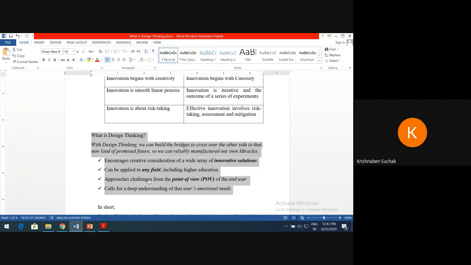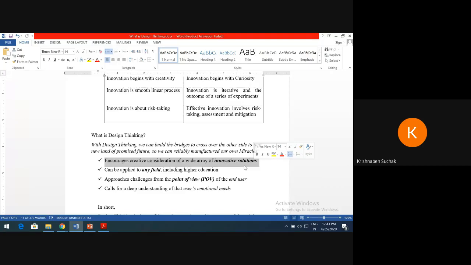It encourages creative consideration of a wide array of innovative solutions. It encourages you to consider the wide array of innovative solutions, and there is a huge array which will help you go through that.